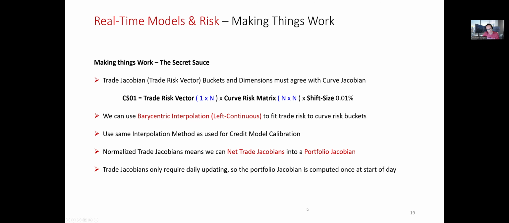We multiply it by the curve Jacobian, which is ticking with the market data, and then you would get your real-time risk. So there's some secret sauce here, some things that we need to consider, and some tools that we need to use just to format the trade risk factor and to make everything work. Without this information, it's quite difficult. So this is quite important information and it's good to have.